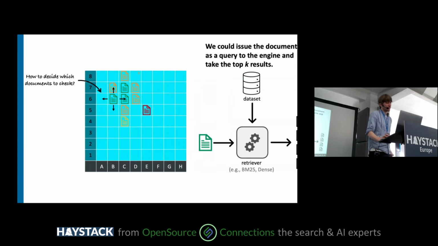So one option would be, once we identify a document that we think is really good, we could issue that same document as a query back to our engine and take the top results for that query. So we treat this document as a query and find the most similar other documents to it. If this is a good document, documents that are similar to it are probably also good.